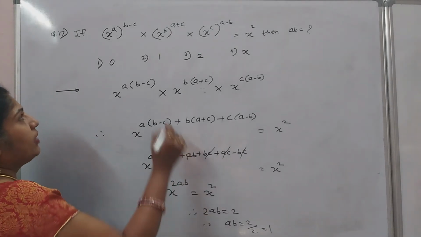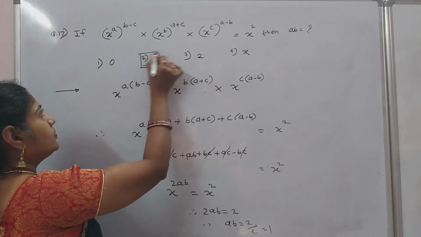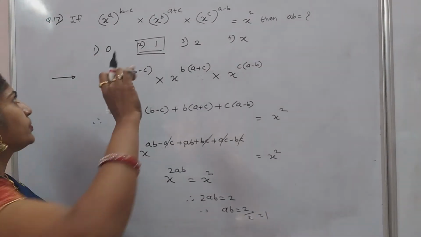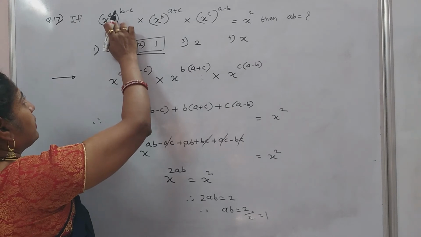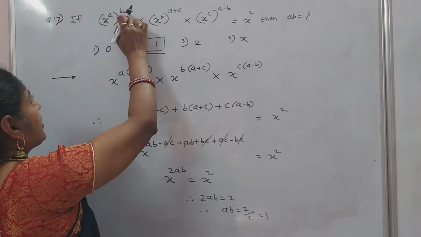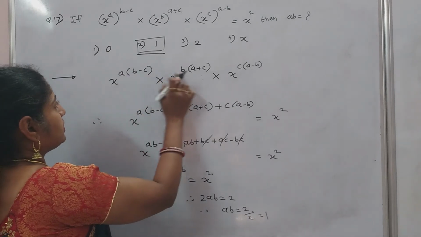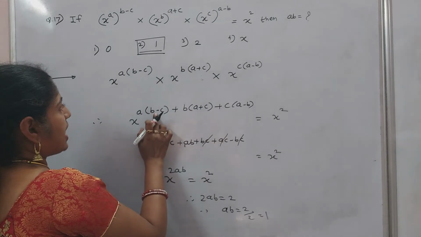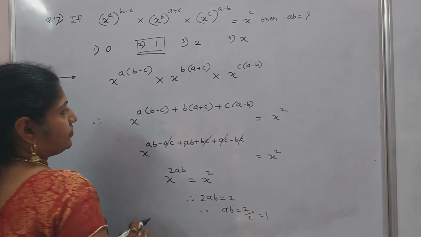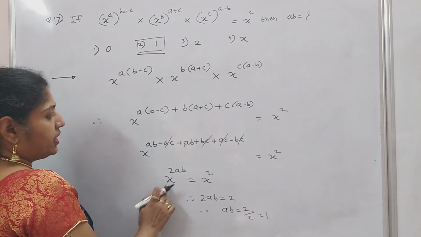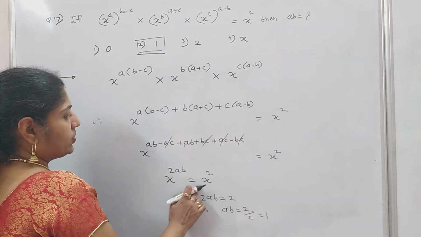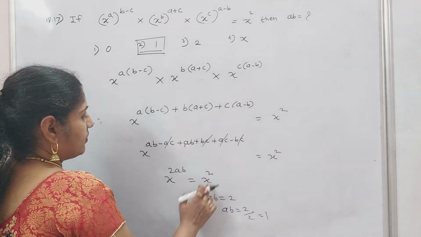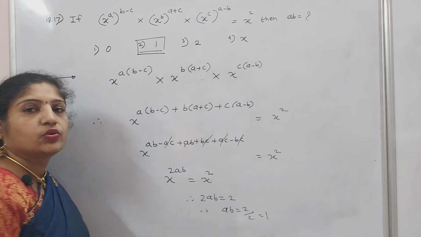So the answer is AB equal to 1, option number 2.